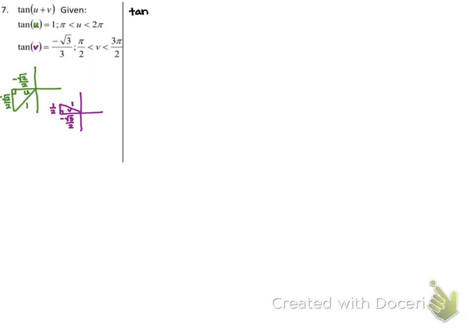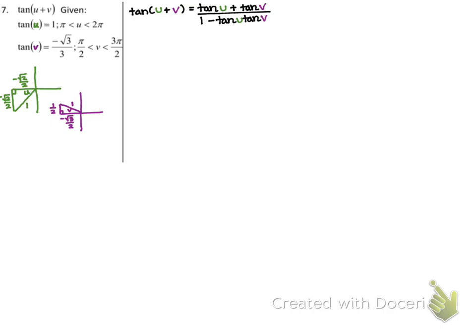So tangent of U plus V. Okay, so it's going to be tangent of the first one, match the positive, tangent of the second one over 1, flip the positive negative, tangent of the first, tangent of the second.